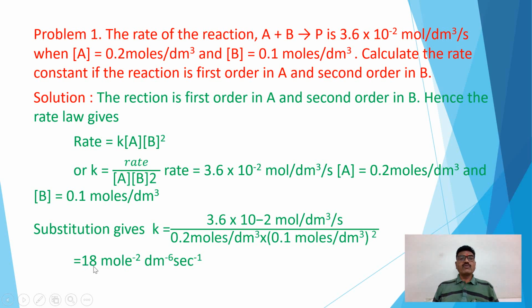So we will get such a unit here. Finally that is the rate constant. Don't bother about the unit for a constant; we know there is no need to write the unit. So 18 is the answer. That is the rate constant of this.